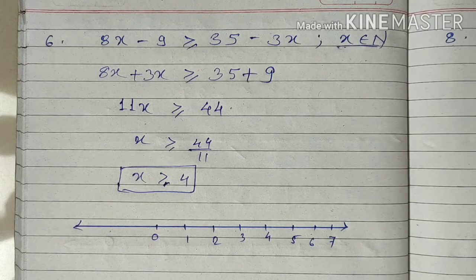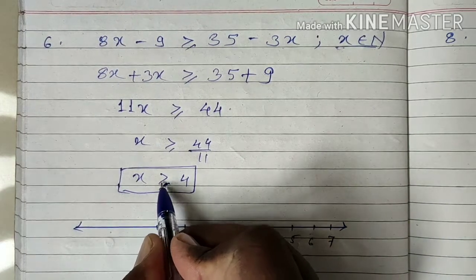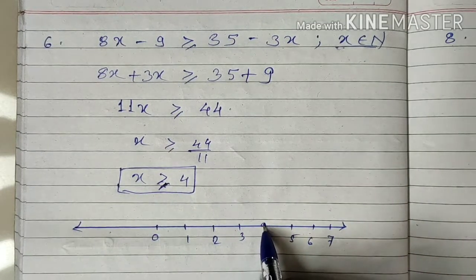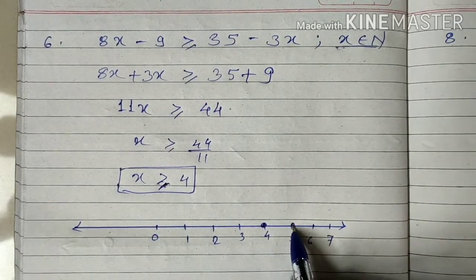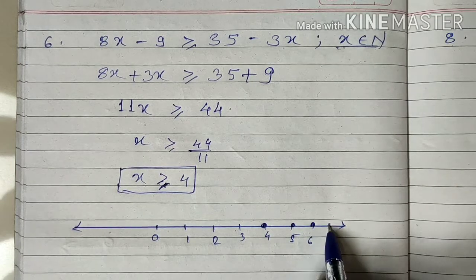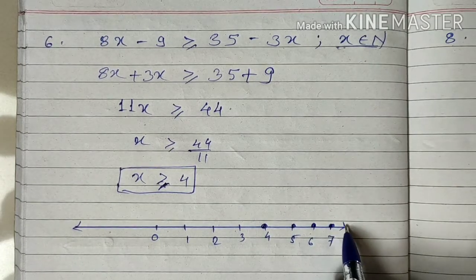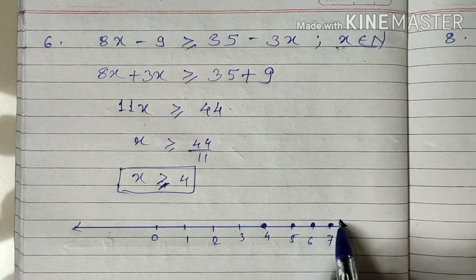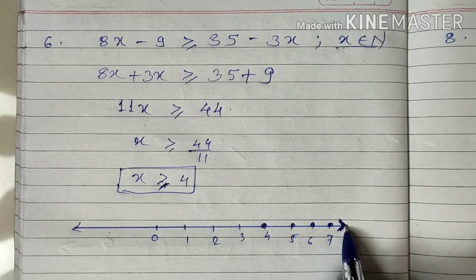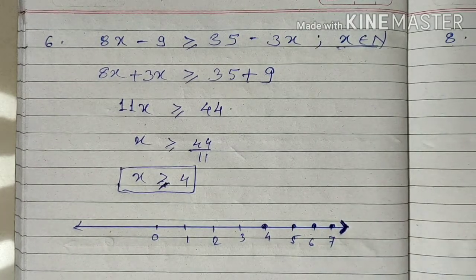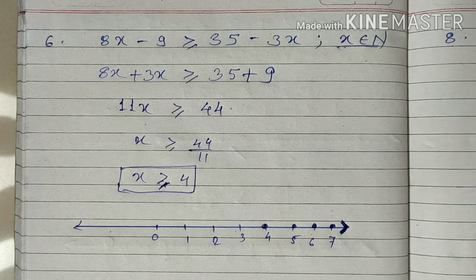Since the equal to sign is there, 4 is also included in our set. 4, 5, 6, 7. And we will make this arrow a dark arrow because it is an infinite set and it goes on in the positive side. Got it?